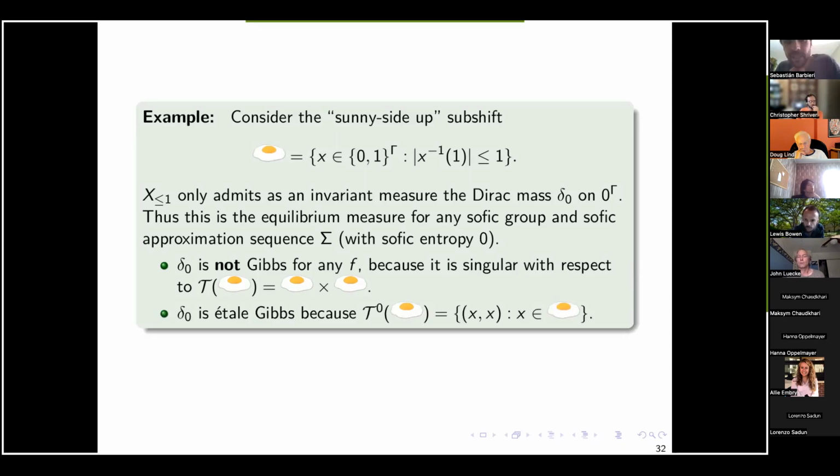But it is trivially étale Gibbs because the étale equivalence relation is trivial. So the theorem holds trivially. It's very boring, but okay. In this subshift, which does not satisfy the topological Markov property, I get this weaker condition that the measure is étale Gibbs.